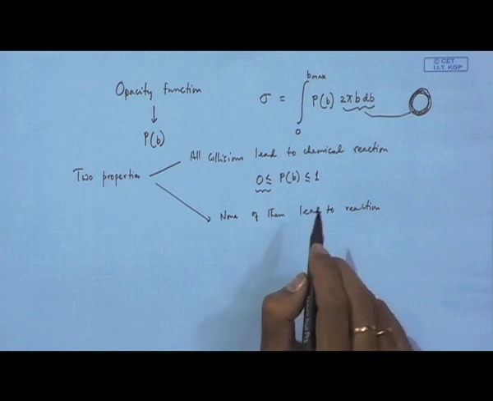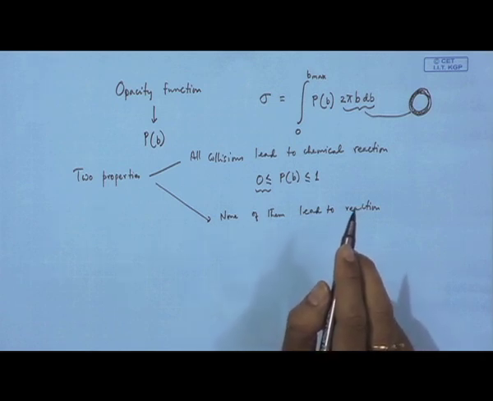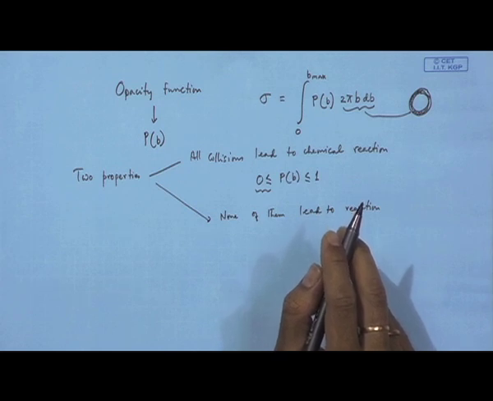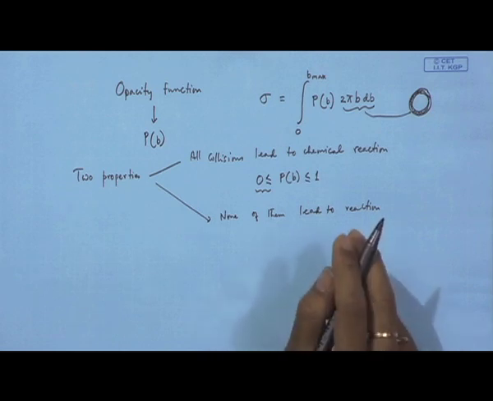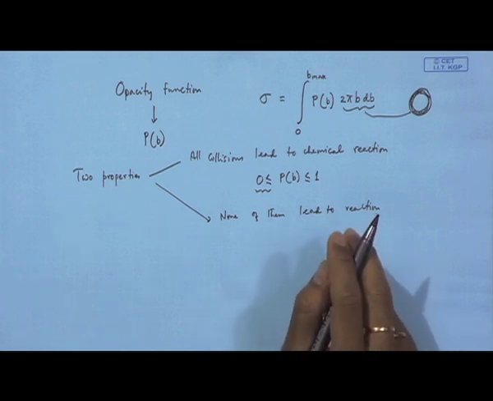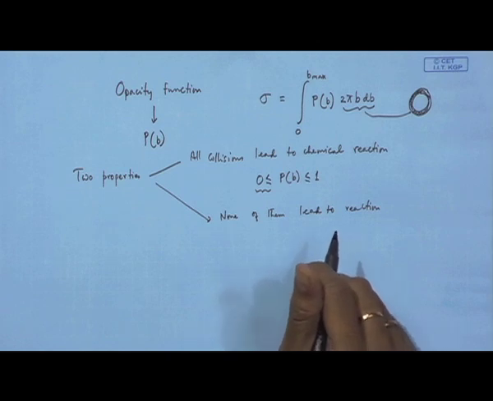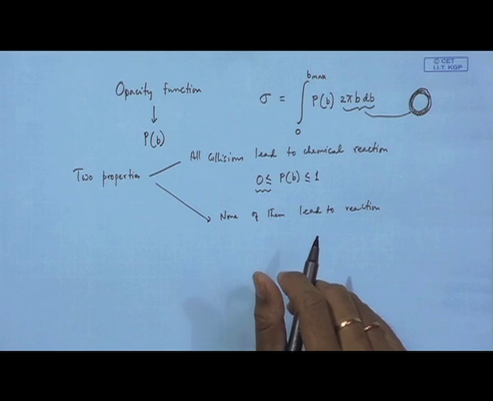And for a chemical reaction to occur, it is necessary that atoms or reactants approach closely, so that chemical forces will operate and necessary atomic rearrangement may be possible.